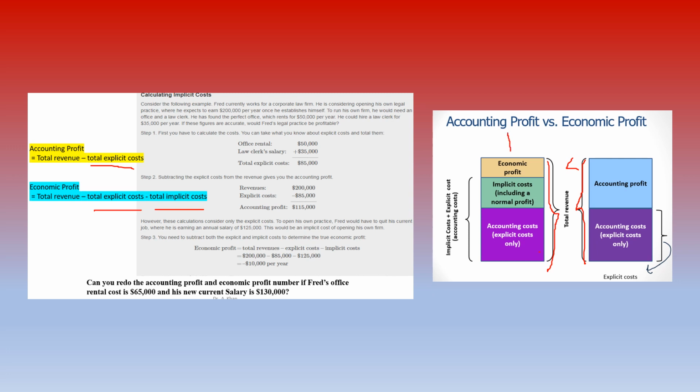So economic profit is smaller than accounting profit, due to the fact that the economist cares about both kinds of costs, explicit and implicit, whereas the accounting profit formula only cares about explicit cost, right? Therefore EP will typically be smaller than AP, EP being economic profit and AP being accounting profit.